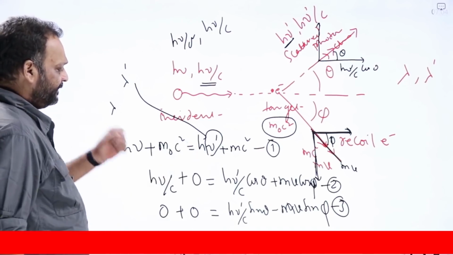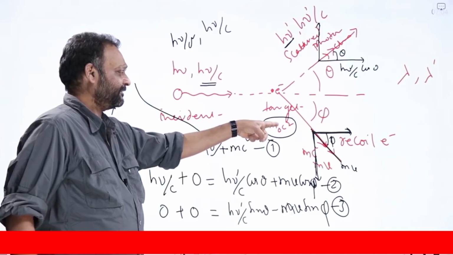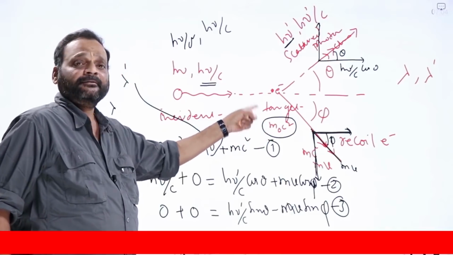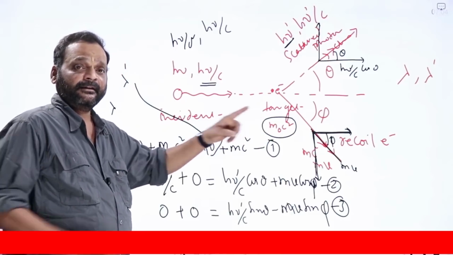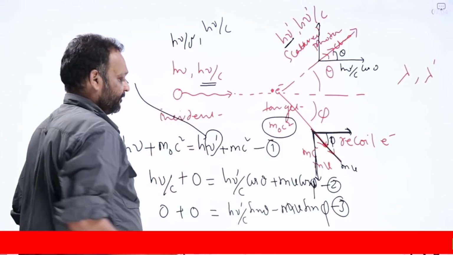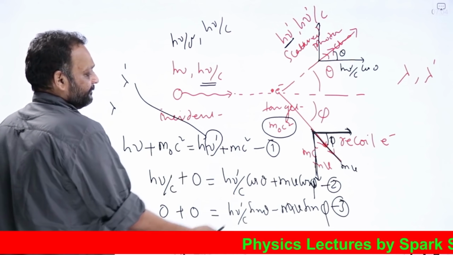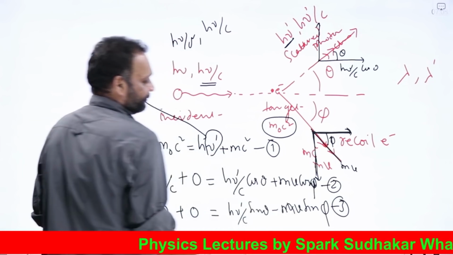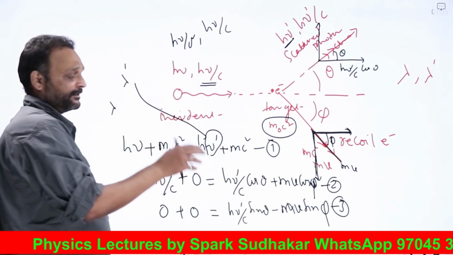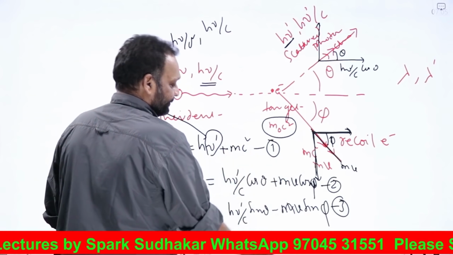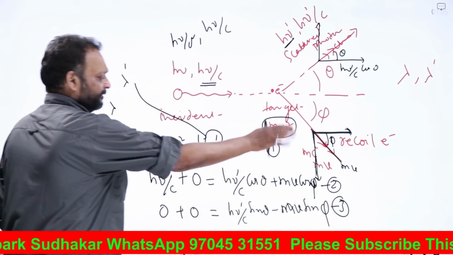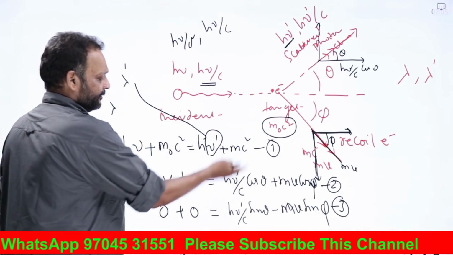Now what do I do? Wherever m is there, because I am using the relativity concept here, m equals m naught by root of 1 minus v square by c square. I will also consider the relativistic variation of mass with velocity. I'll rearrange the terms here. Whenever we have sin phi and cos phi terms, we square them and add them, so that sin square phi plus cos square phi becomes one, and the parameter phi is eliminated.